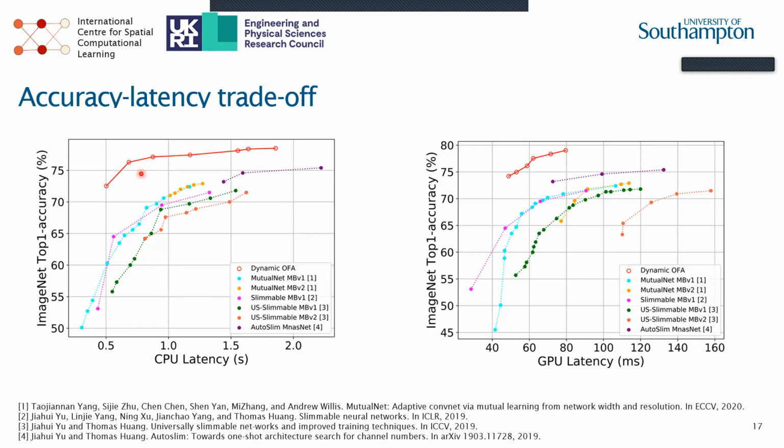And if you think, can we apply this previous dynamic neural network training approach to the OFA network? The answer is no, because the purpose of OFA is that you train the network once and then deploy it anywhere.